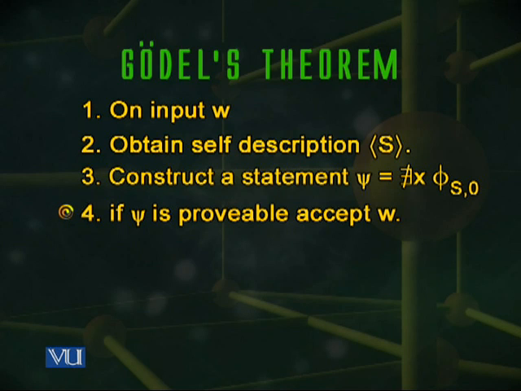If psi is provable, then it accepts its own input w. So this program gets its own self-description. Then it constructs a statement that says this program does not accept 0. Then it tries to find a proof of this statement by enumerating all possible proofs. If it finds a proof of this statement, it accepts its own input.